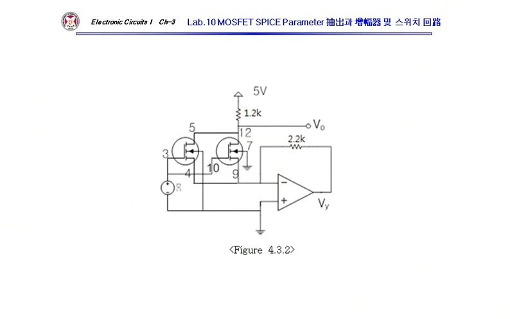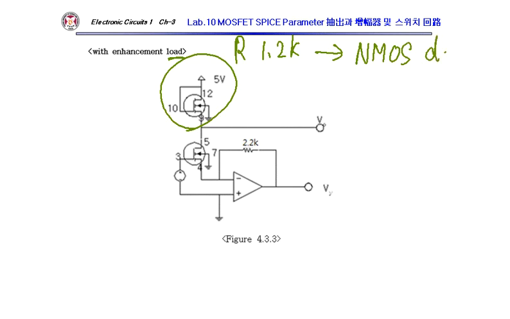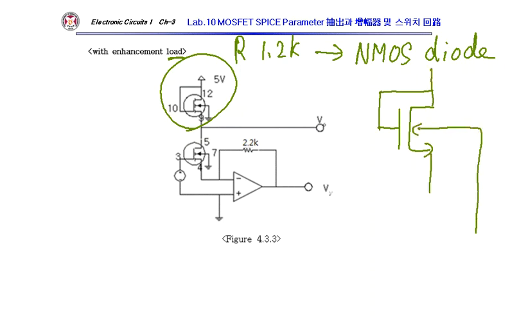Yeah, so let's go to the CMOS circuit. Where is my CMOS? Oh, no, this is not CMOS yet. This one is just an enhancement load. See, that resistor is replaced by this MOS diode. Yeah, you know, the substrate is connected to the most negative potential.